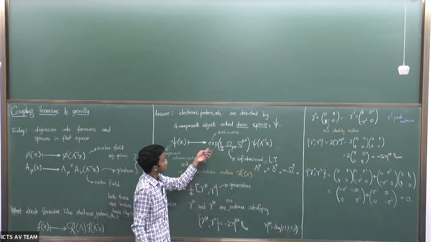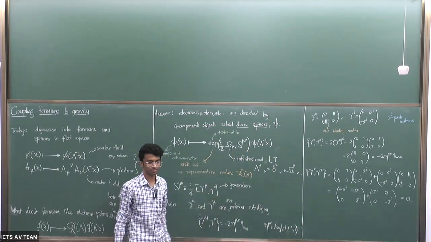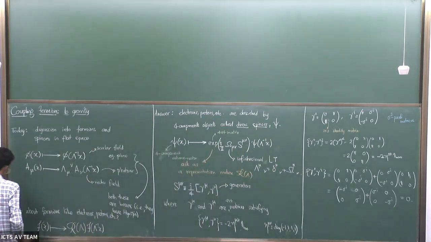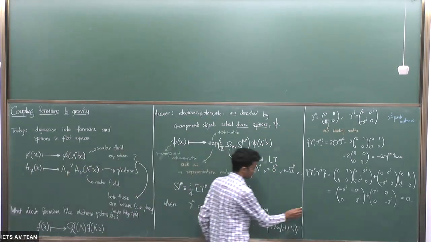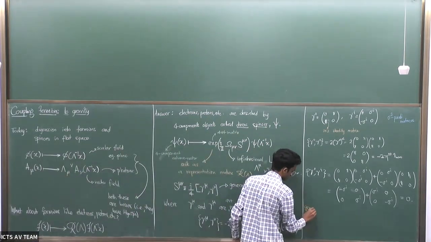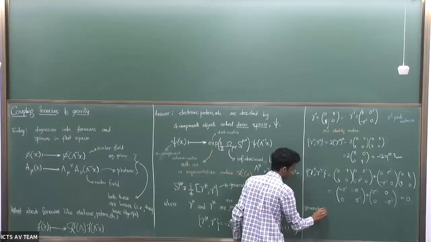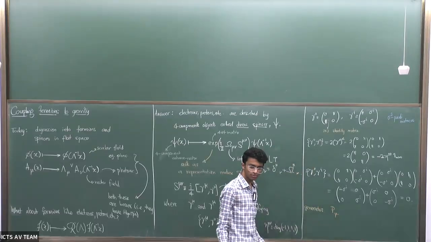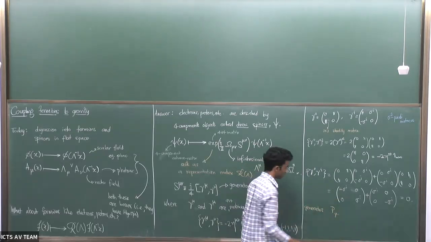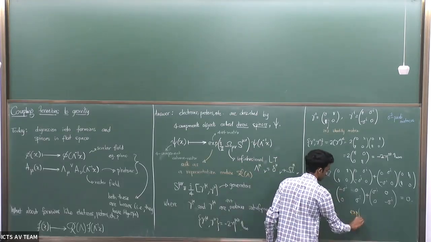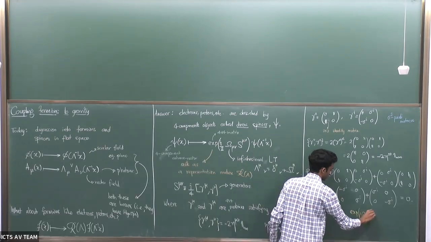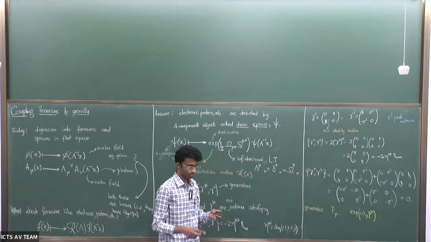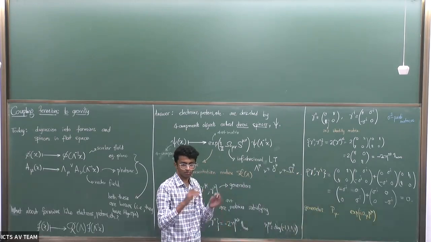Once you have the generator, you just have to exponentiate it with parameters, right? For example, what do you do when you have a momentum generator? This is just again a short digression into generators. Once you have, say, p mu, which is the momentum, how do you exponentiate it? You just exponentiate it with i a mu p mu, where a mu can be any 4 vector, right?